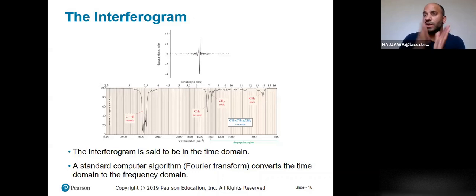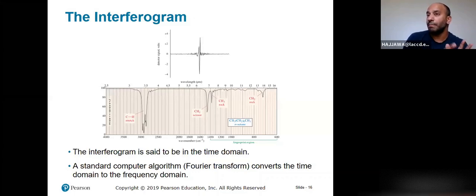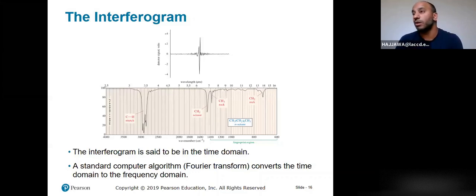So if I have a C triple bond C versus a C triple bond N, the nitrogen is going to be bigger as an atom, which means it's going to require more energy to absorb. That's why you will see that the C triple bond N absorbs at a higher frequency than the C triple bond C. So just keep that in mind.